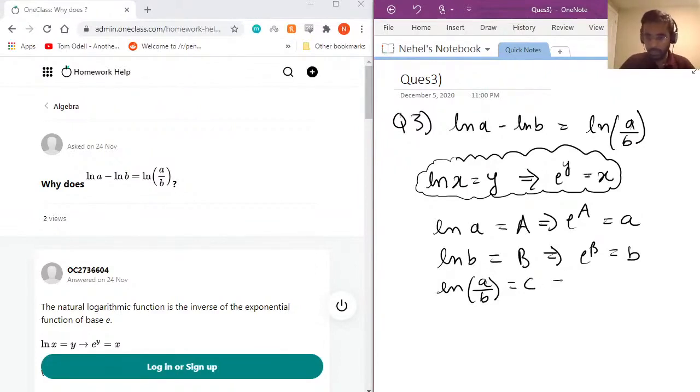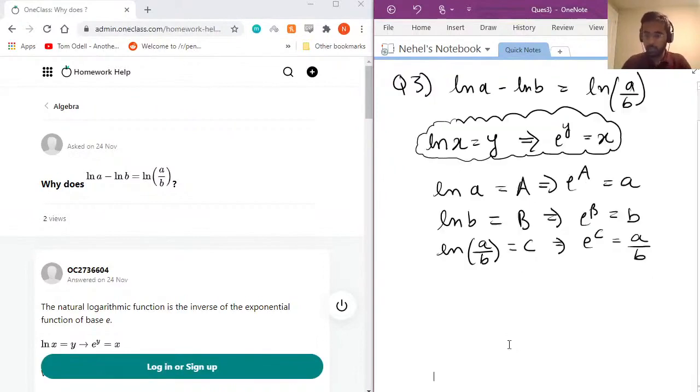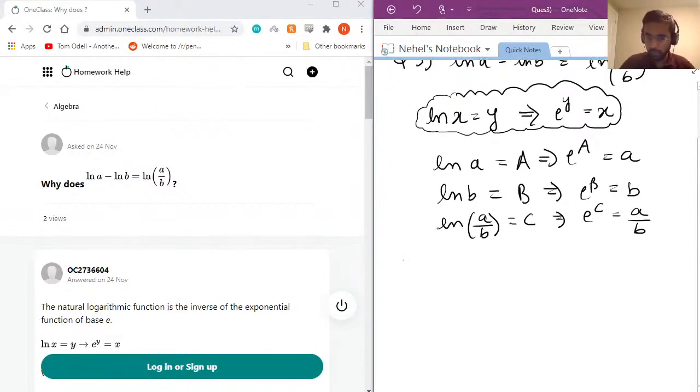From this, if we take the inverse, we get e to the C is equal to a over b. Looking at this last term, we know the values of a and b since we got them in the first two parts of the solution.